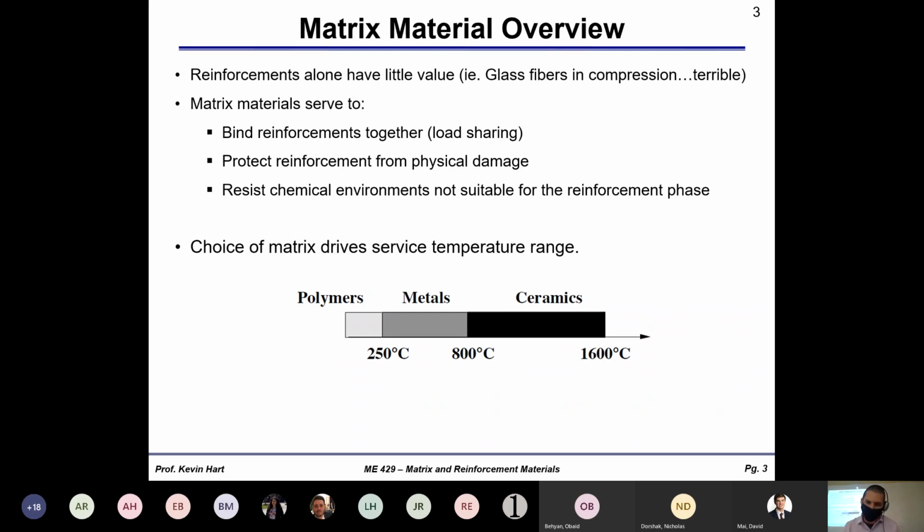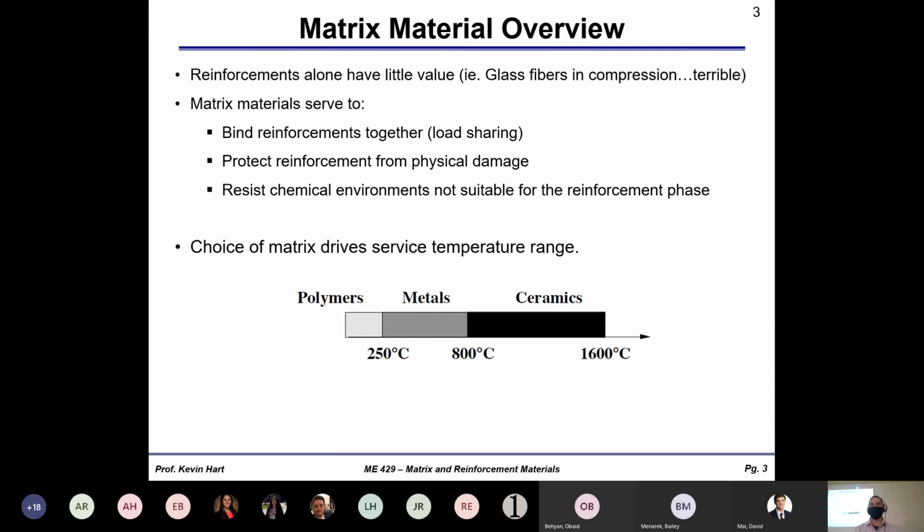So one thing the matrix does is give a binding for all the reinforcement so that the reinforcement can share load and also go into compression. It's not going to buckle because it's surrounded by polymeric or metal or ceramic material. Another thing that's a little more subtle is that the matrix protects the fibers.